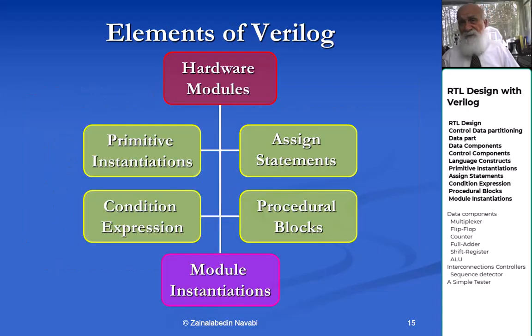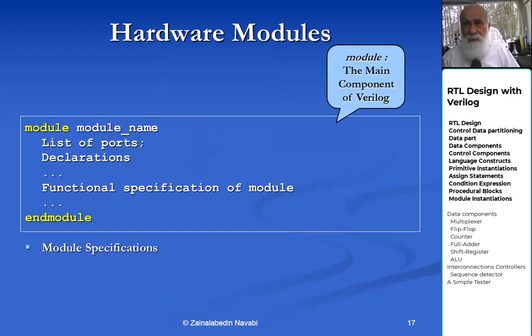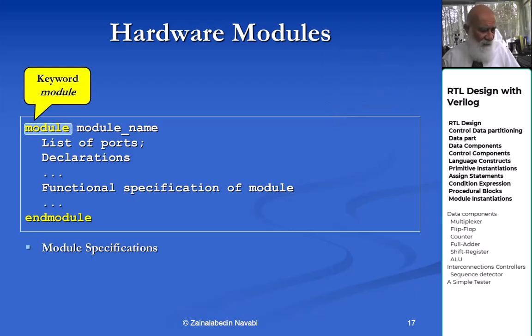All right, before I go into some particular data path and controller components, let's cover a little bit of Verilog. A Verilog module begins with the name and ends with endmodule.